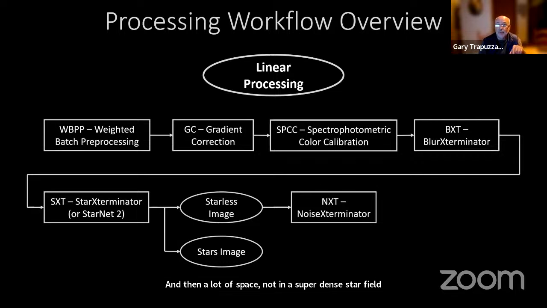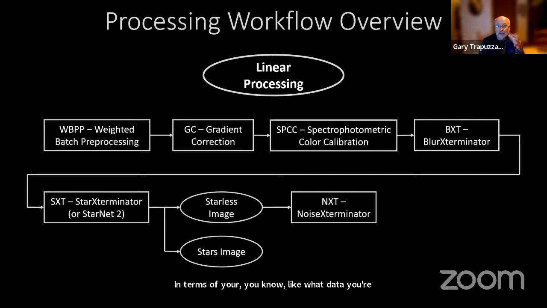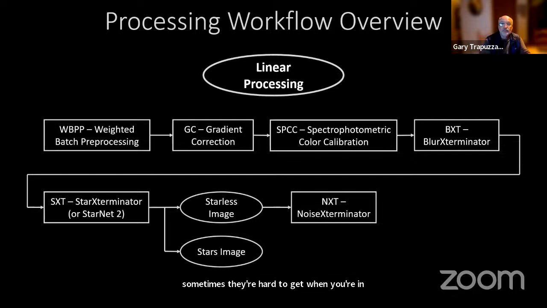But they're hard to get working if there's a ton of background nebulosity or a really rich star field, because ideally you're trying to find spots between the stars where you can make a little preview window and use those for the data you're getting for your background. Sometimes they're hard to get when you're in a really dense area.